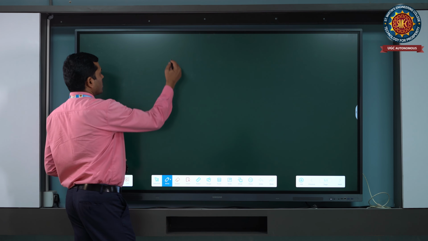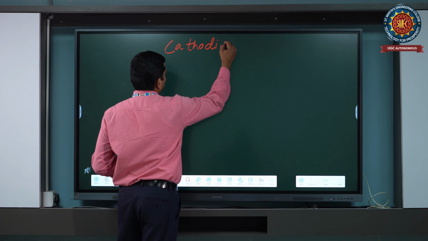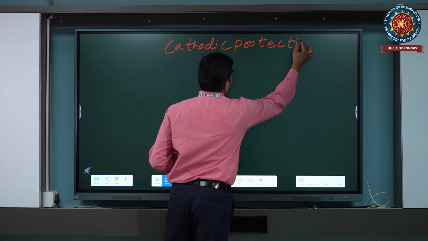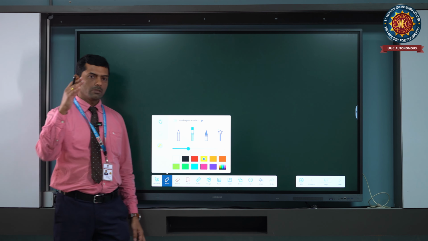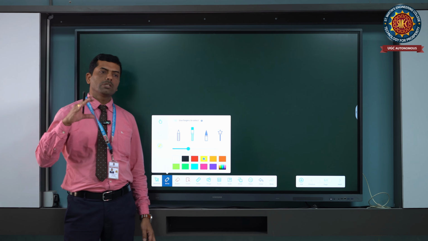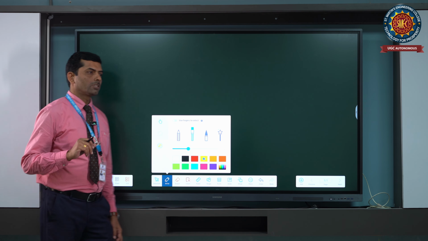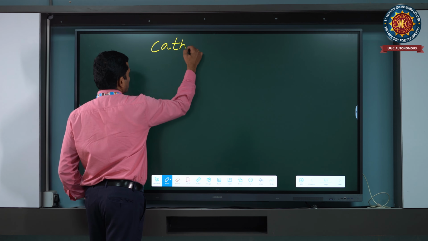What is cathodic protection? Coming to the protection methods, how can corrosion be prevented? We have two good examples, the cathodic protection methods.